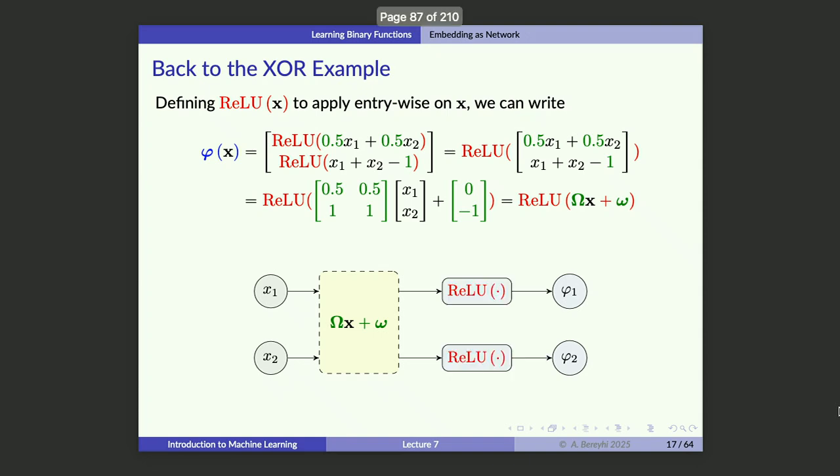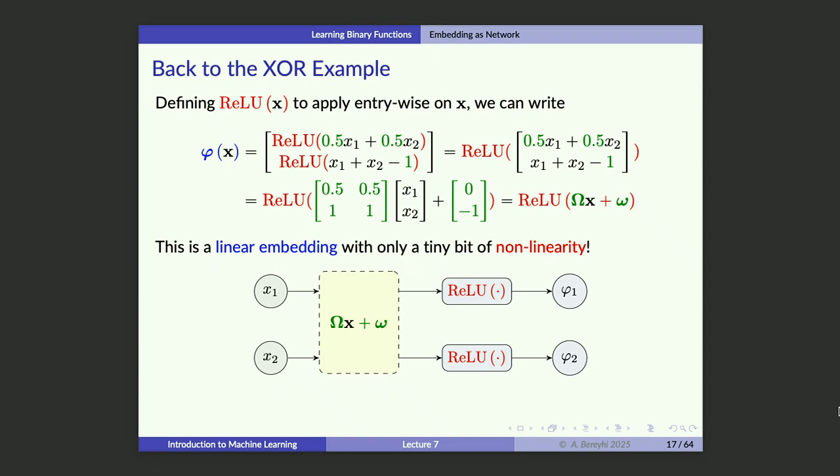I just applied the ReLU function on every entry I computed out of that linear transform, and these are now my features extracted from data. Clear? Now, this is going to work, right? If I connect this into the linear classifier, we saw in the example that it's going to do perfect classification for us.